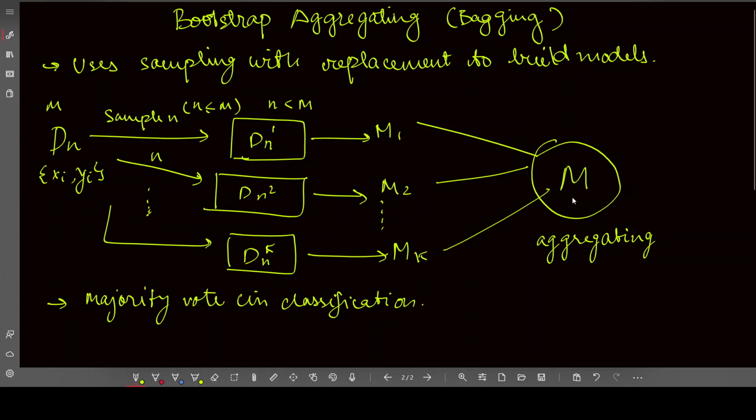The bigger model will take the majority vote of all the base models, and the output will be whichever class gets the highest number of votes. In the setting of a regression problem, you can take something like the mean or median in your aggregation stage. That's how classification and regression would differ.